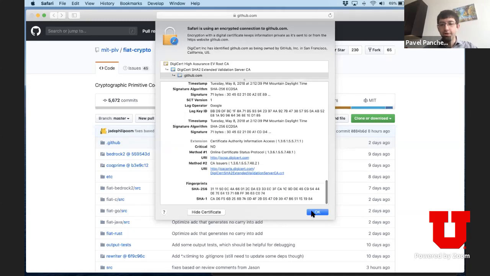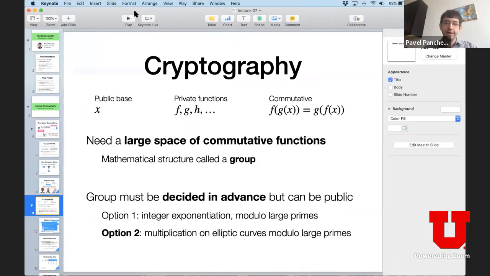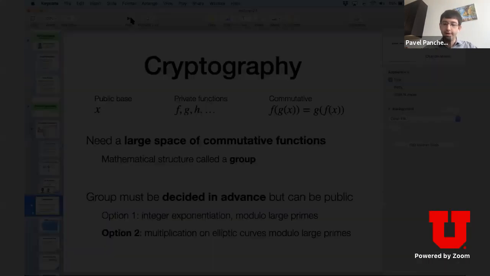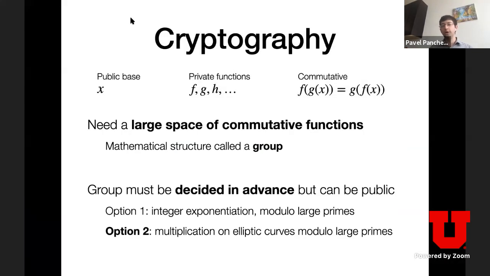Maybe I can't easily figure out how to do this in Safari, but your browser and web server, if you run one, will tell you this incredibly long string of letters about what cryptography it's using. And it'll usually either say something like DHE, which would probably mean this for key exchange, or ECDHE, which would mean that. So we've got this elliptic curves multiplication nonsense.